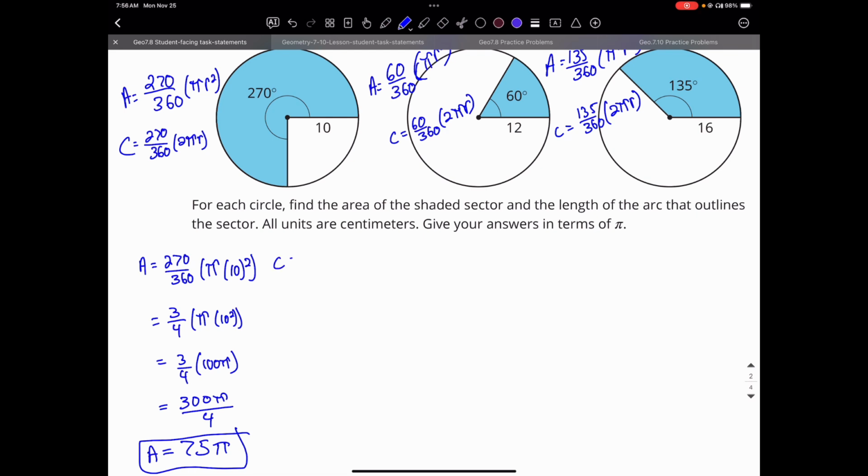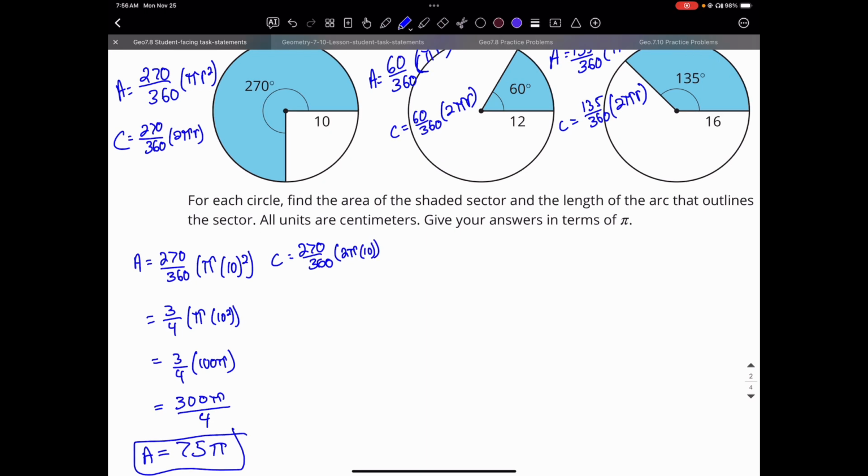Let's look at the circumference. Once again, 270 over 360, times 2 pi times r, and I'm just going to go ahead and write our r is 10. We know that's what the radius is. So here we go again. We got 3 over 4. It simplifies. And then 2 times 10 is going to be 20 pi, right?